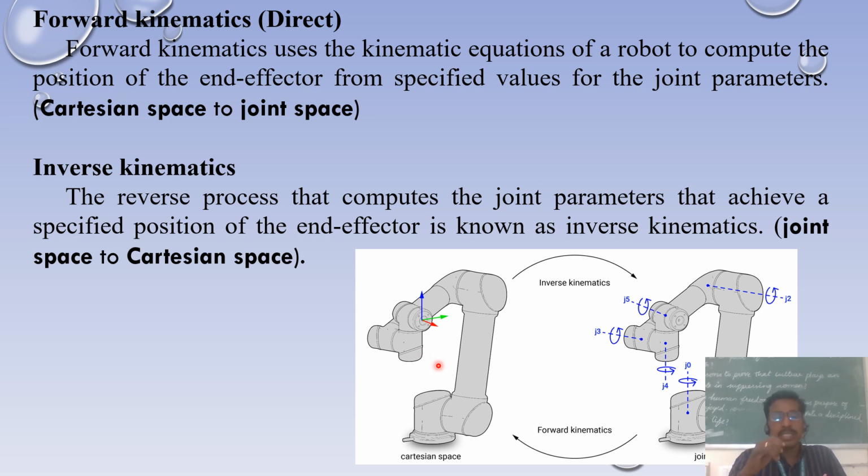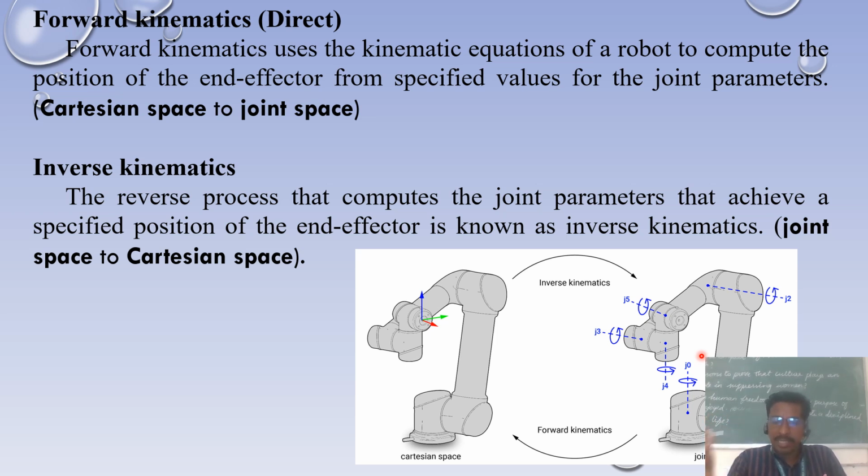The second one is inverse kinematics, the reverse process that computes the joint parameters that achieve a specific location of the end effector. So how long it reaches the particular object to interact, right? The end effector calculates the total distance or total number of bends, the total number of joints needed to reach the particular object.